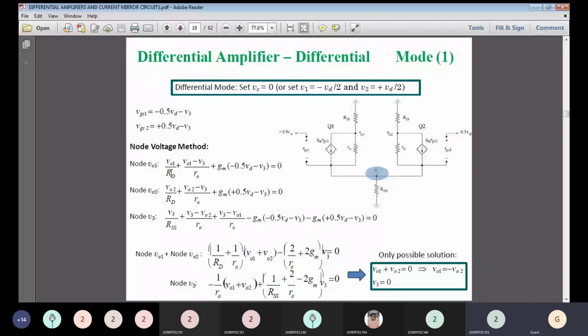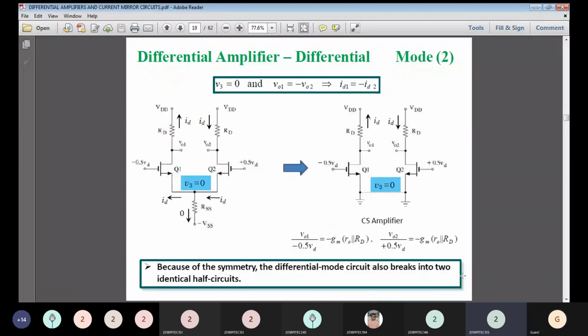By applying KVL, Kirchhoff's voltage law, we are getting the corresponding values of V01, V02 and V3. So in this case, V01 is equal to minus V02. Okay, so again here, the same.